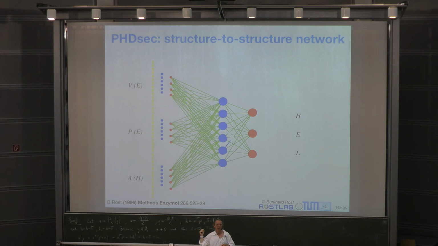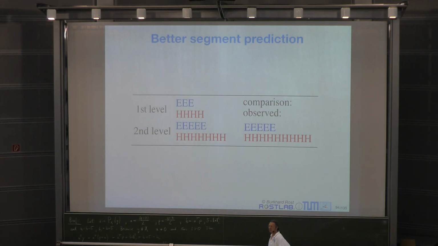The advantage of this one here is you have fixed devices that you have easier control over, and then you can redo this. The result is that, on the second level, the predicted secondary structure looks very much, on average at least, like the observed ones.